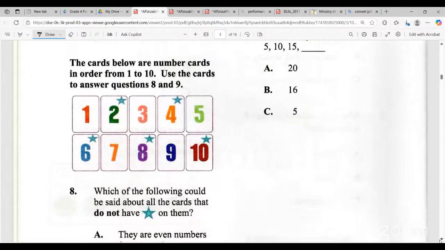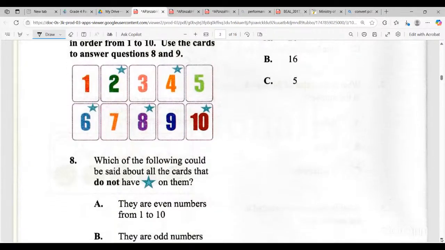The cards below are number cards in order from 1 to 10. Use the cards to answer questions 8 and 9. Which of the following could be said about all the numbers that do not have a star on them?